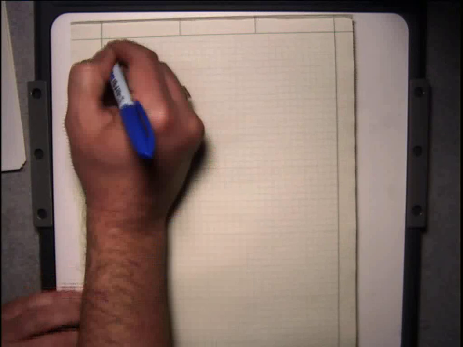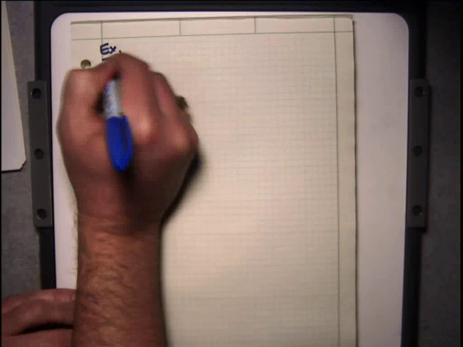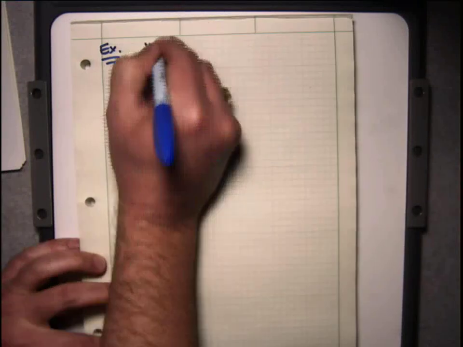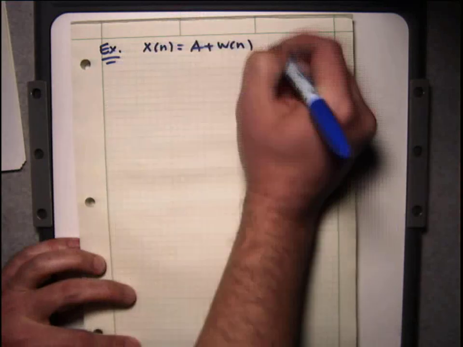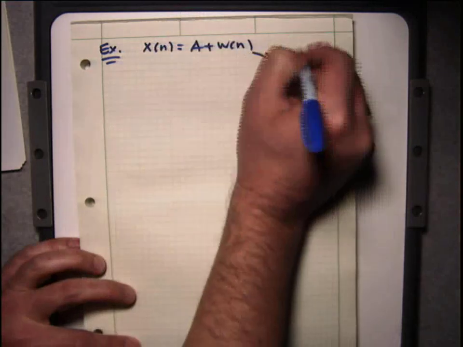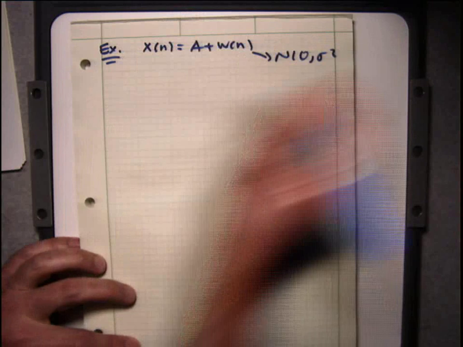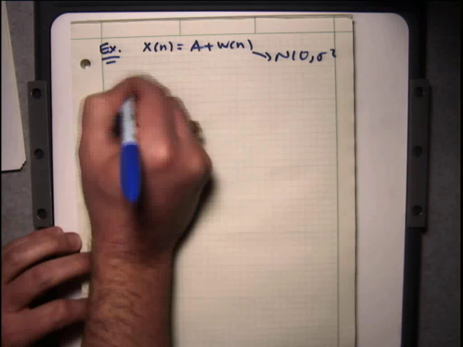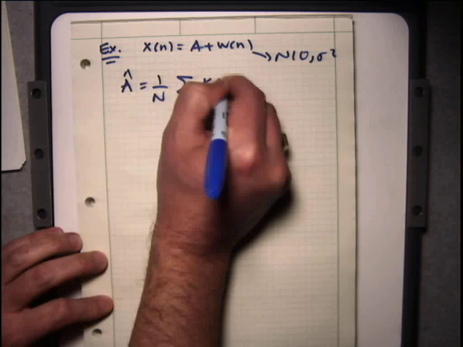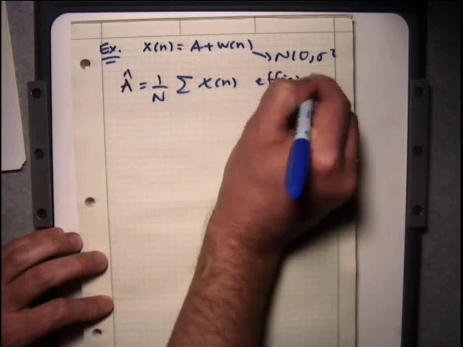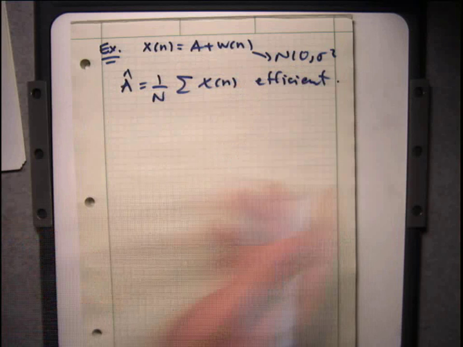Let me give you an example. Say x of n is a plus w of n. We know that a hat, 1 over n times the sum of x of n, is efficient. I showed it to you in an example just a little while ago.